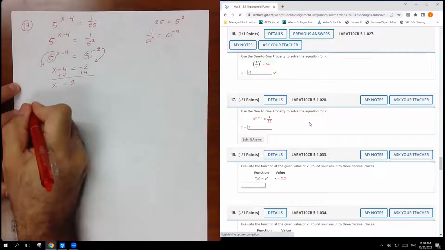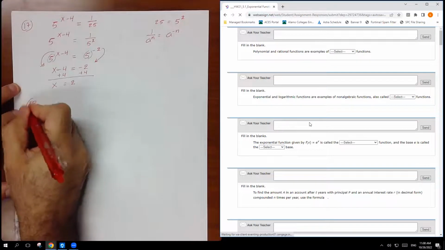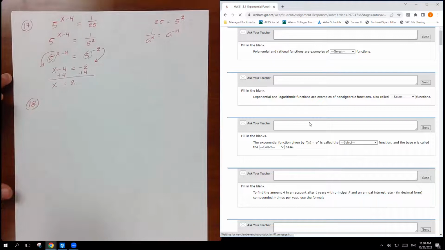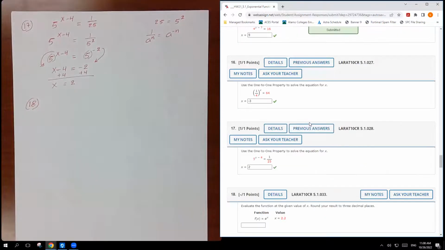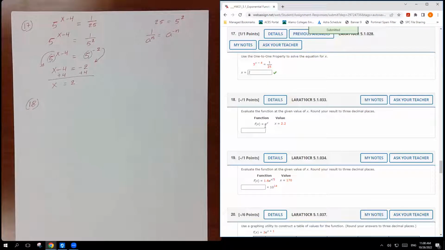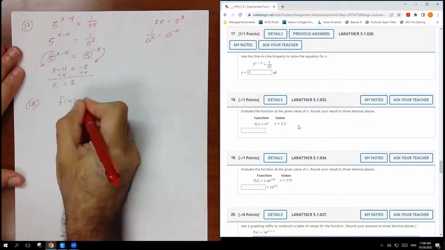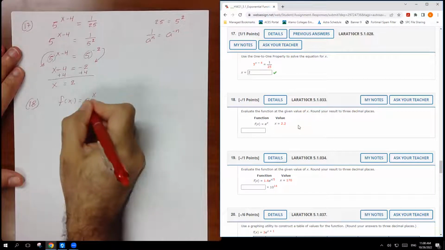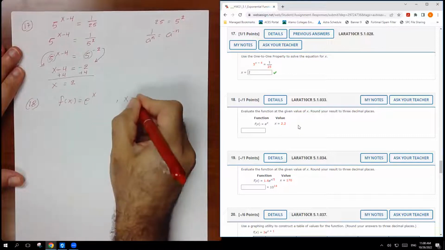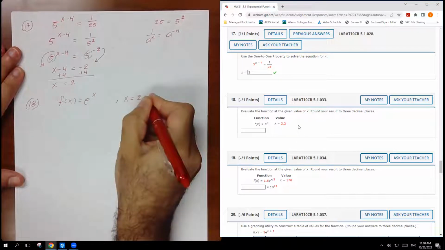Example 18. Now we're going to evaluate the exponential function with the natural base, e to the x, at the point 2.2. That means f of x equal e to the x, and they're telling you evaluate when x equal 2.2.